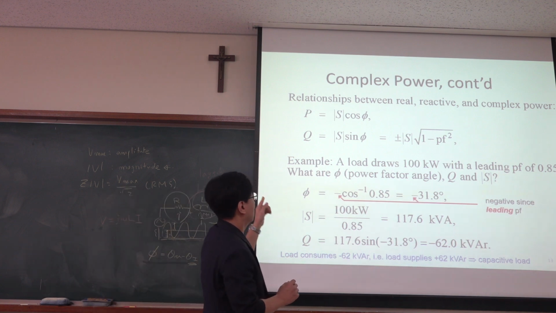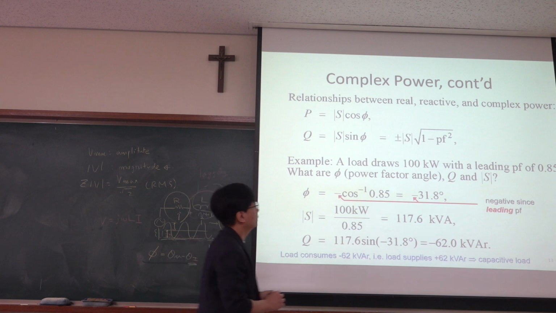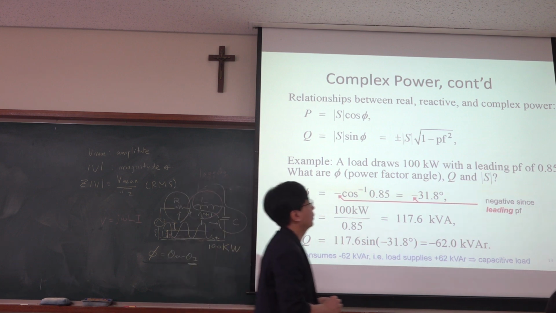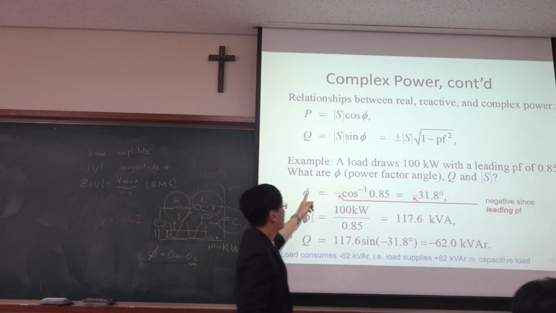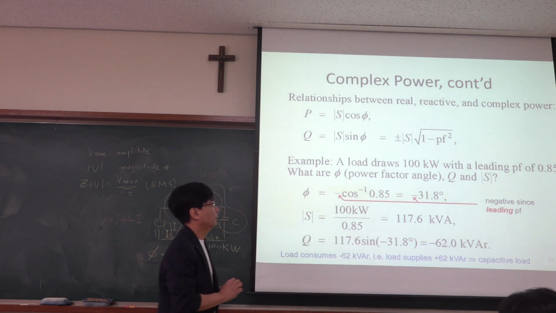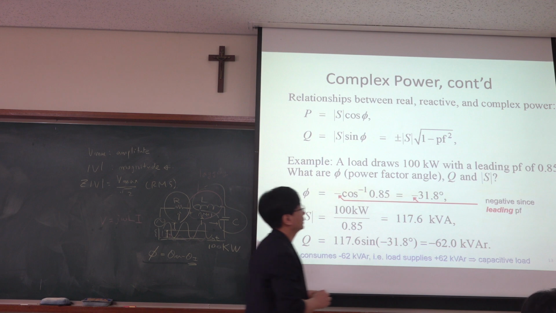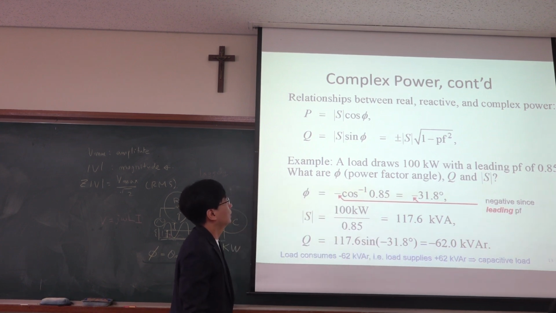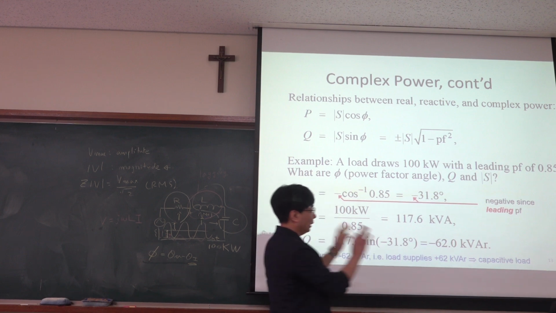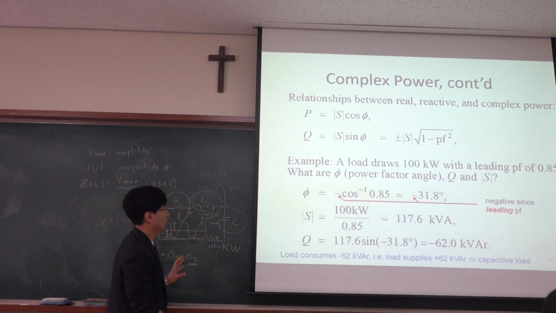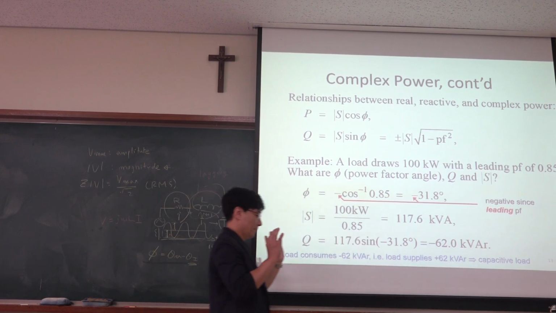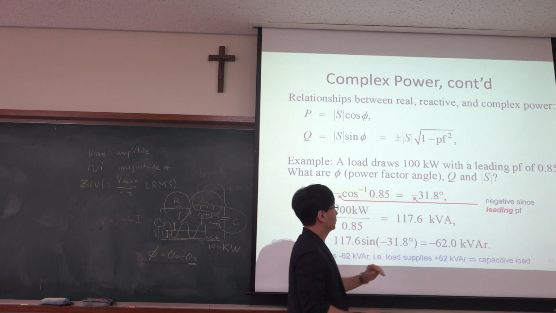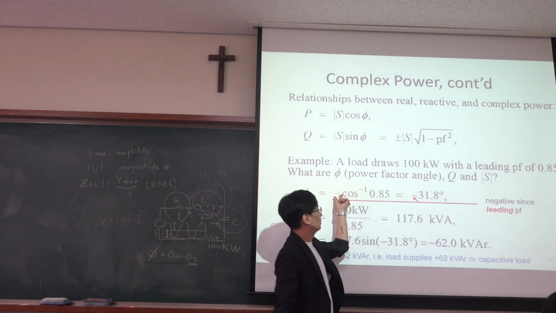So for example, a load draws 1 kilowatt with a leading power factor of 0.85. What are phi, the power factor angle, and Q and the absolute value of S? Then, you know, lagging is the plus, so leading is minus.